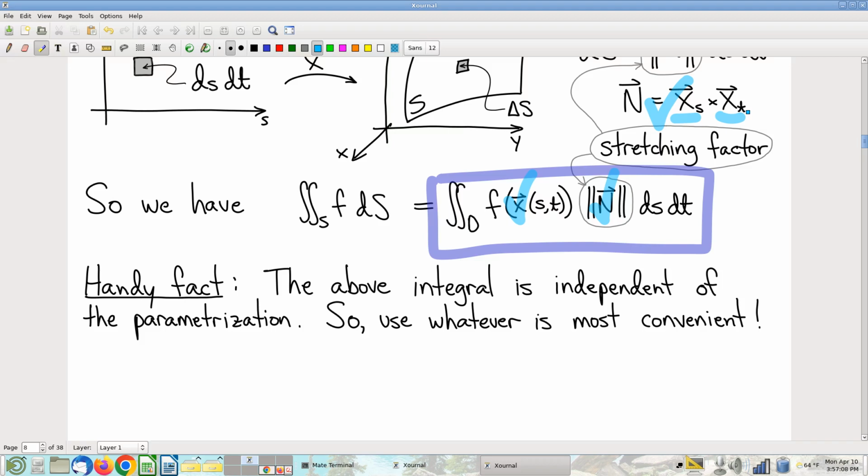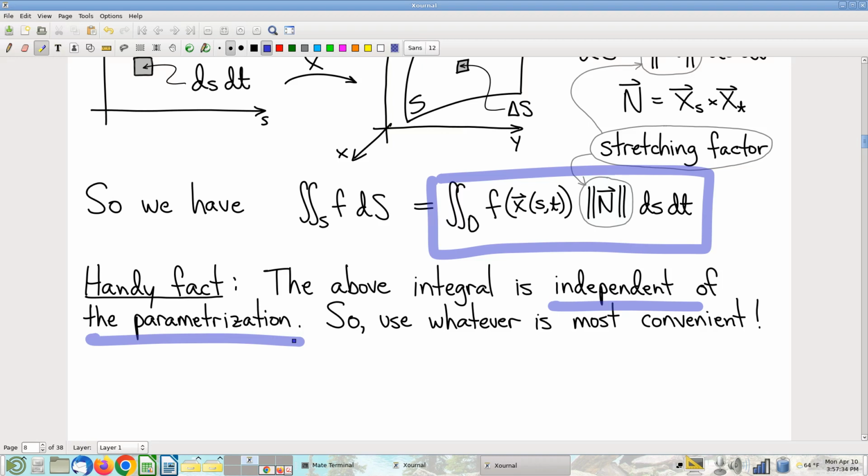So how come the parameterization is all over the place here, and why should the parameterization matter? Cool fact, even though the parameterization is in the formula, it doesn't affect the value. This integral is independent of the parameterization. If you want to see why, there's a detailed discussion in the book, but we're not going to worry about that.